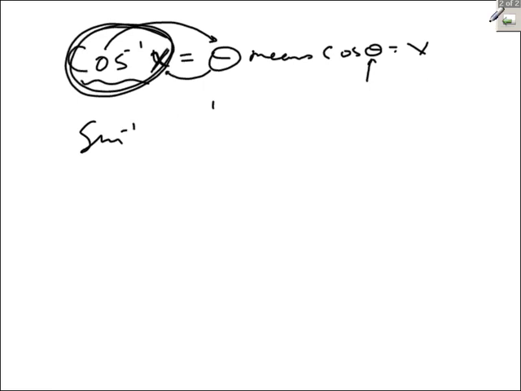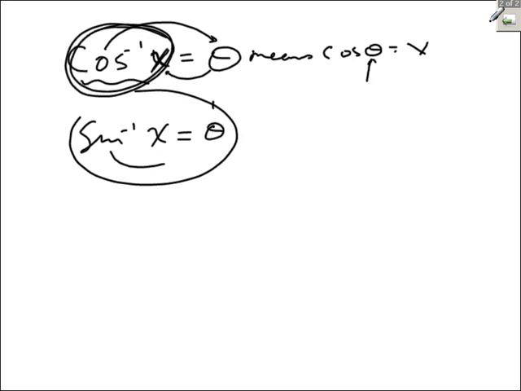Sine inverse of x is equal to an angle, because this means the sine of an angle equals x, and you only take sine of angles. Same with tangent. The trig inverse of something is an angle. Cosine inverse of x is an angle. Tangent inverse of x is an angle. And you have to understand that. It's an angle, and the angle has to lie in the correct area.